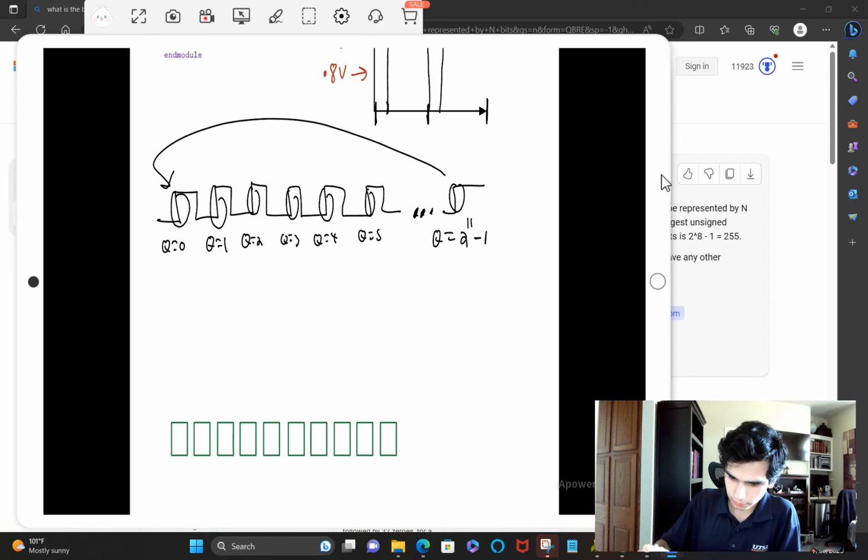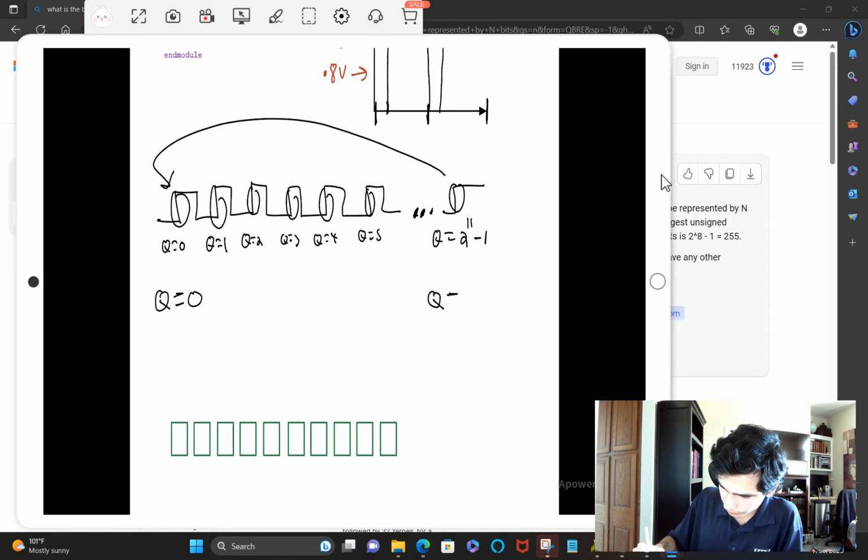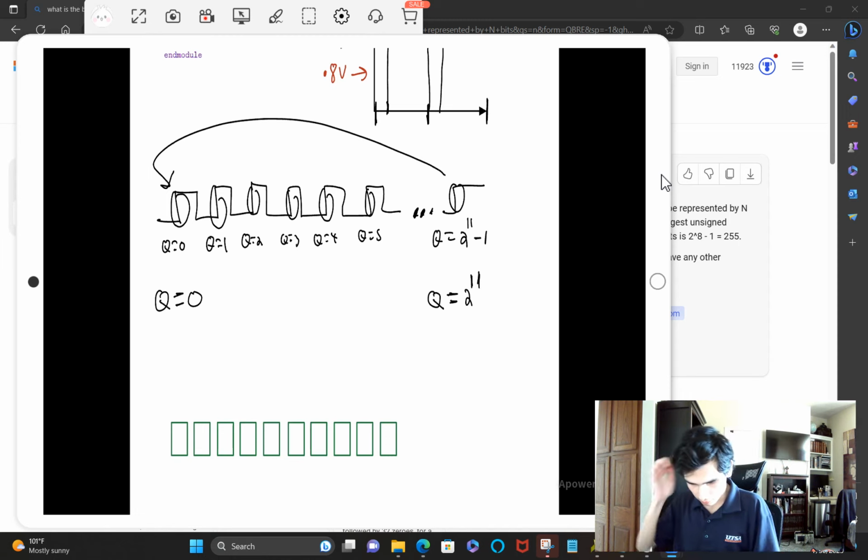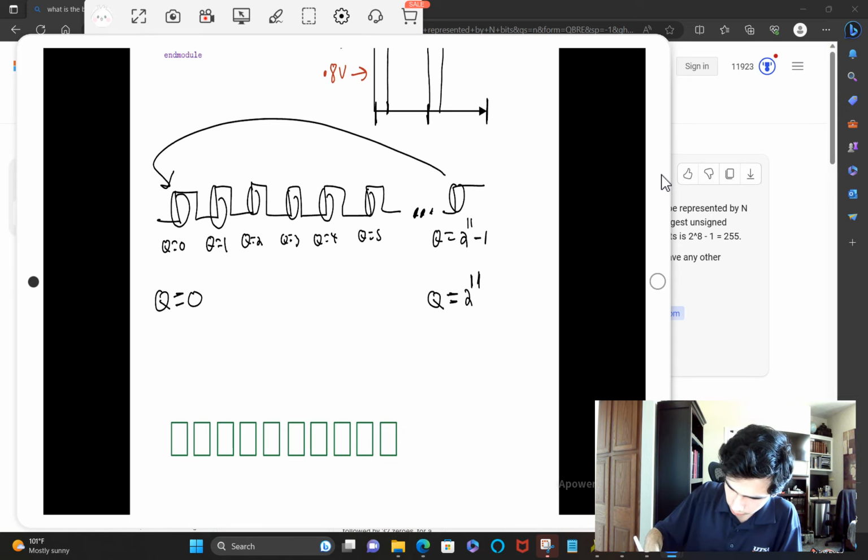And we know that Q is equal to 0 at the start. Q is equal to 2 to the 11 minus 1 at the end, which is equal to, in binary, at the start 11'b 1, 2, 3, 4, 5, 6, 7, 8, 9, 10, 11.